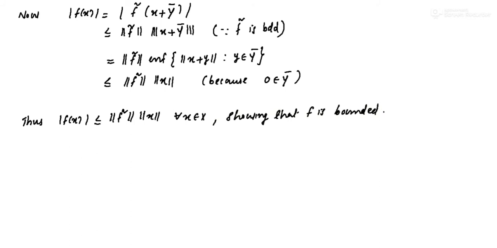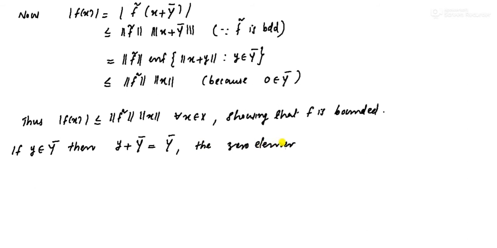Okay. Now if y element of Y closure, then y plus Y closure is Y closure, which is the 0 element of X over Y closure. Okay.